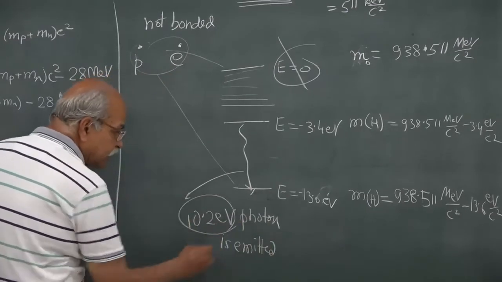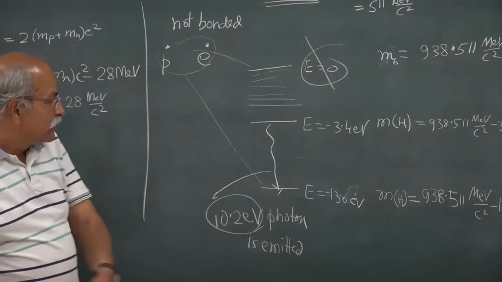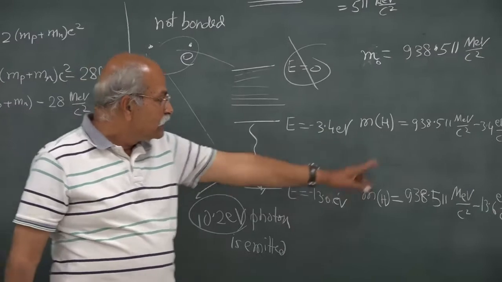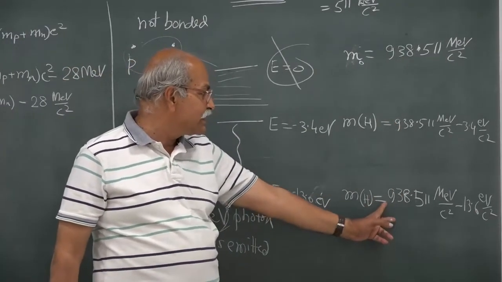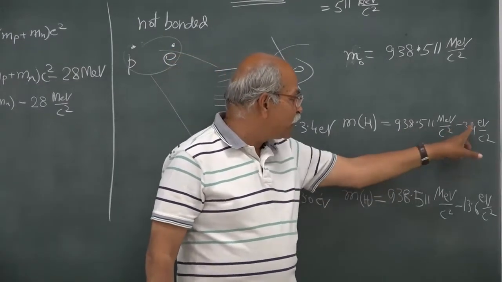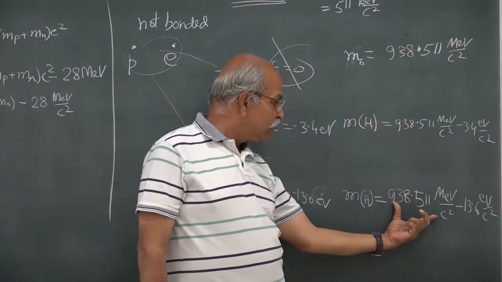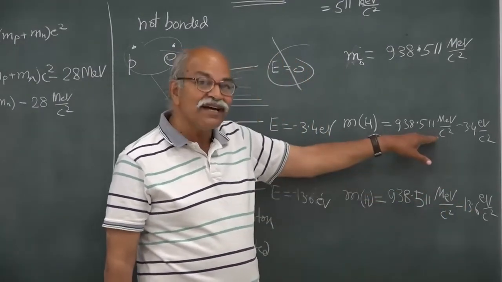This much energy is emitted as light. So, what is happening? From here to here, the rest mass is decreasing. Here it was this number minus 3.4, here it is that same number minus 13.6. So, this is a lower rest mass and this is a higher rest mass.